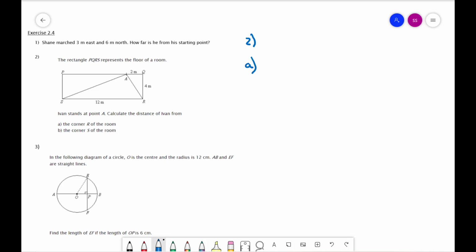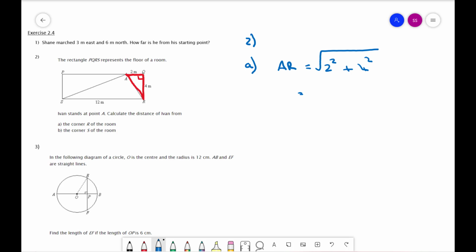for the corner R of the room. So looking at the diagram then, what we can see here is just looking at this bit, we've got a right-angled triangle. And looking at that particular right-angled triangle, we've got a 2 metre and a 4 metre distance on the vertical and the horizontal, so we could work out the length AR. So using the notation from the diagram, length AR is going to be equal to 2 squared plus 4 squared, all square rooted.